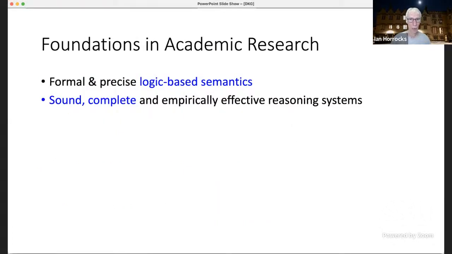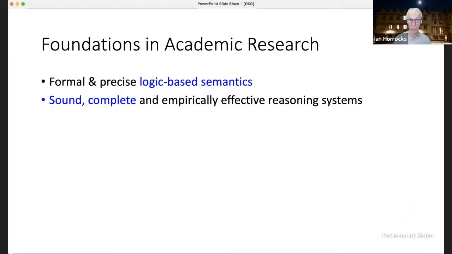Okay, so I'm just going to move on a bit now from this, what should have been in and what shouldn't have been in. We've got the language, let's just deal with it and see what we can do with that. One of the things I think actually turned out to be really important and beneficial with OWL was the foundations in academic research.